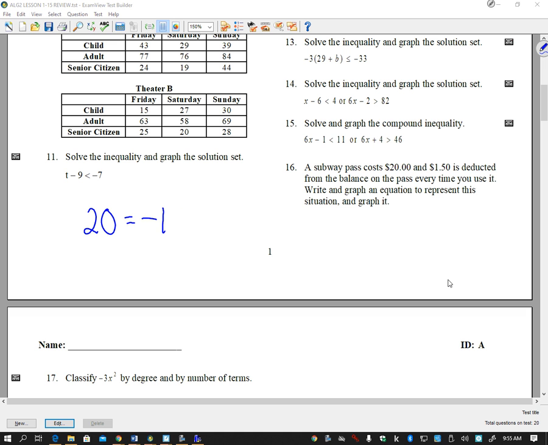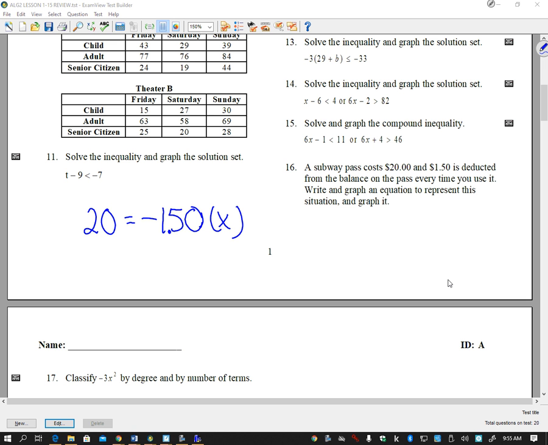So if I used it one time, it would be 1.5 times 1. If I used it twice, it would be -1.5 times 2, times 3, times 4. So really what I would have in here is -1.5x, correct?